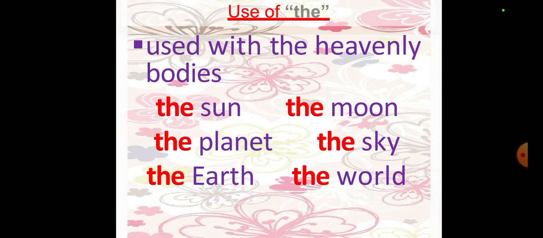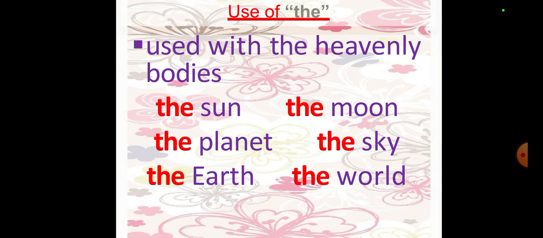We just say Pakistan, Turkey, England, UK, United States. We don't use "the" with them because they are countries and cities, not heavenly bodies. Heavenly bodies are sun, planet, earth, moon, sky, world.